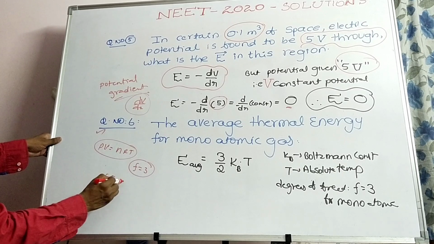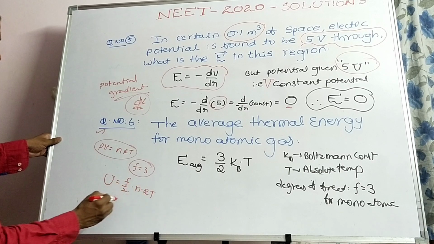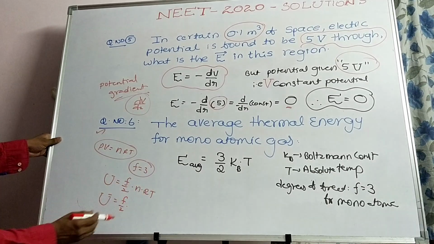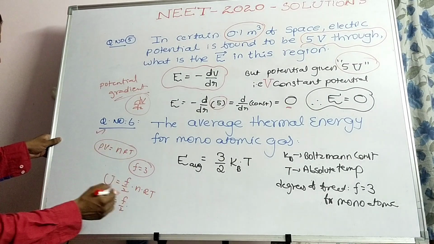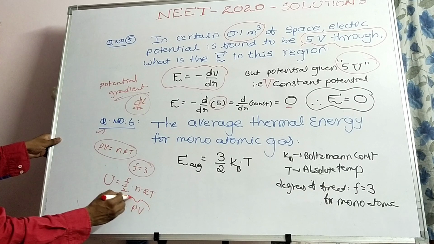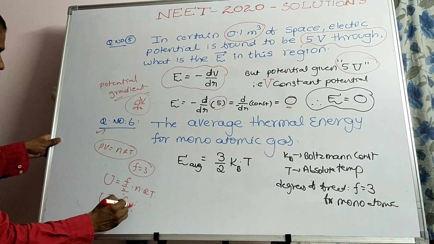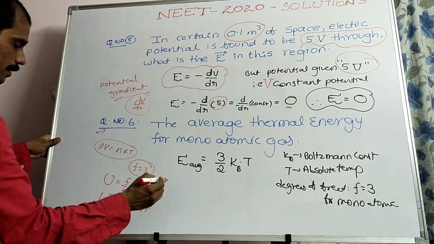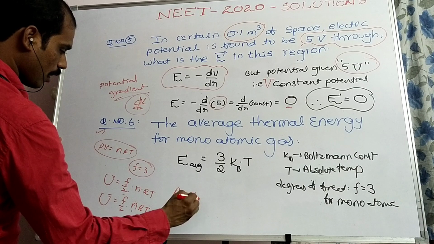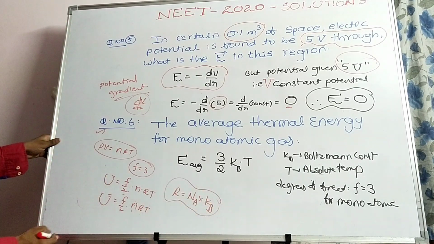Internal energy, U is equal to F by 2 into N into R into T, or U is equal to F by 2 into, instead of that we have to write PV, of course nRT. As well as R is equal to Avogadro number into Boltzmann constant.